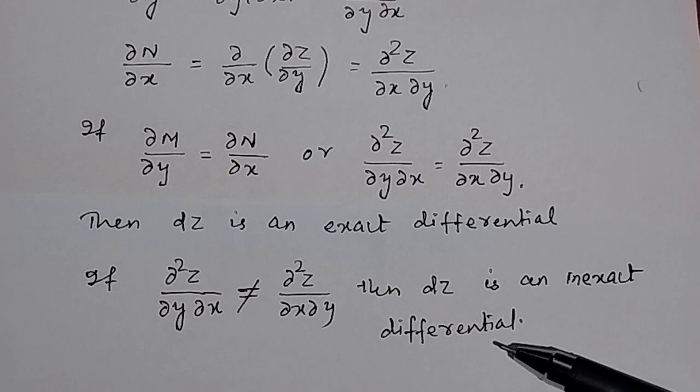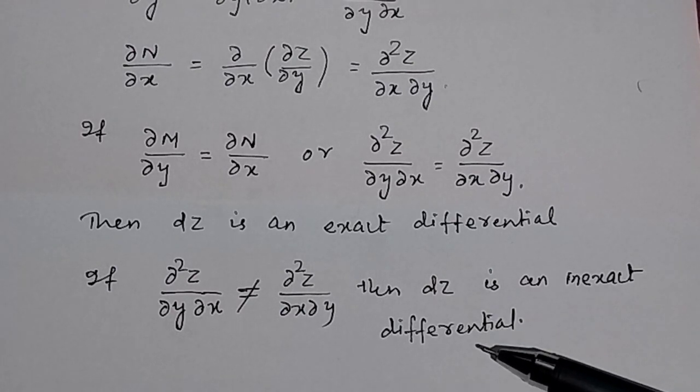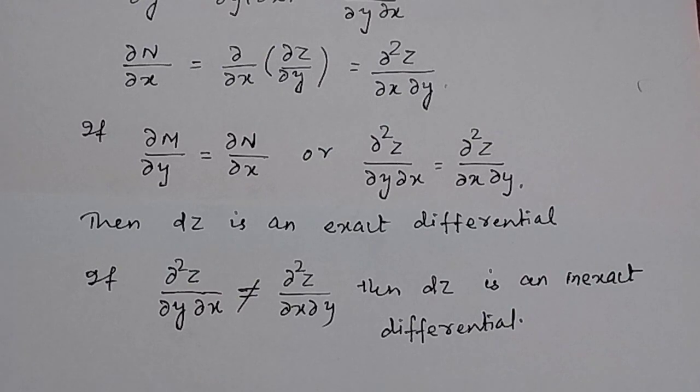And in case of an inexact differential, it depends upon the path function. Remember, in an exact differential, it depends upon the state function, and in an inexact differential, it depends upon the path function.